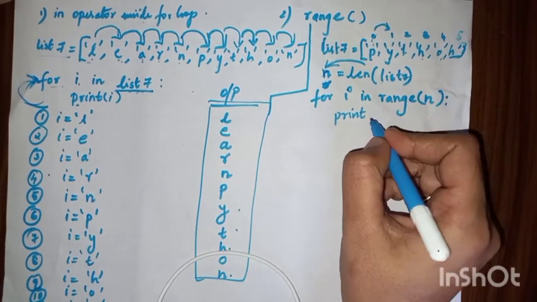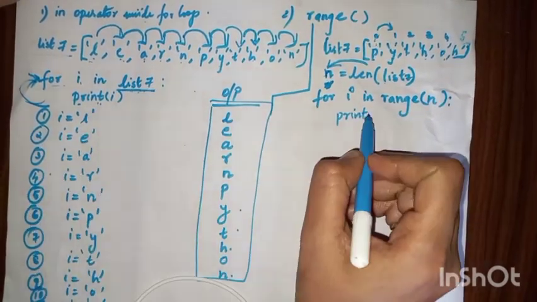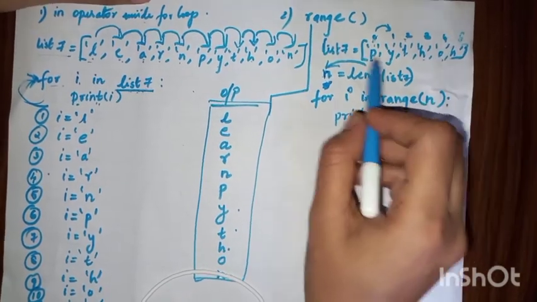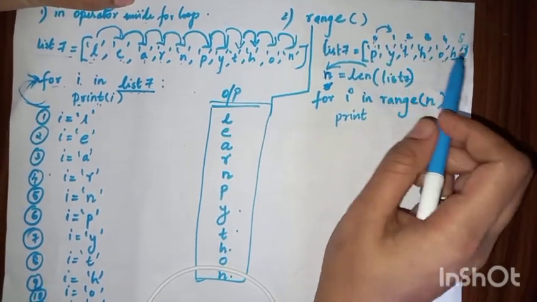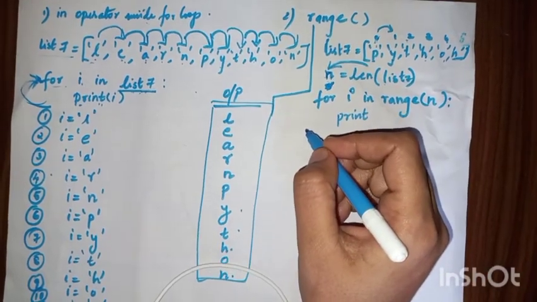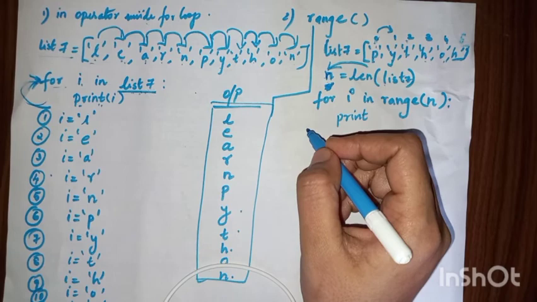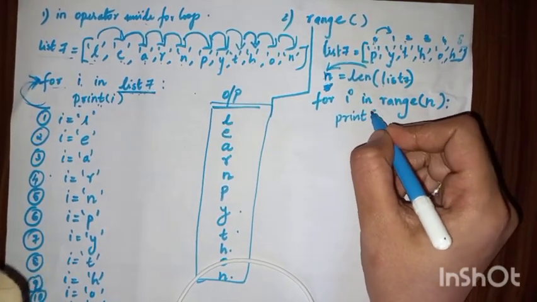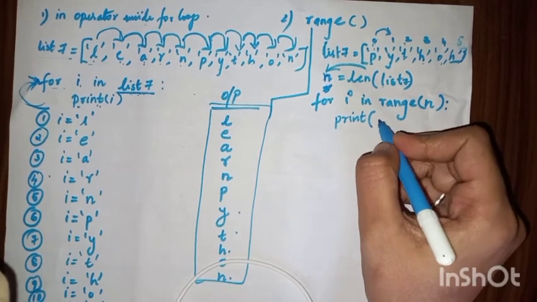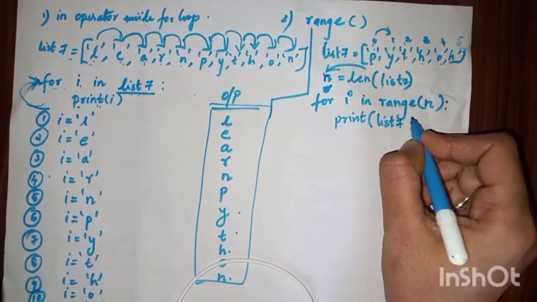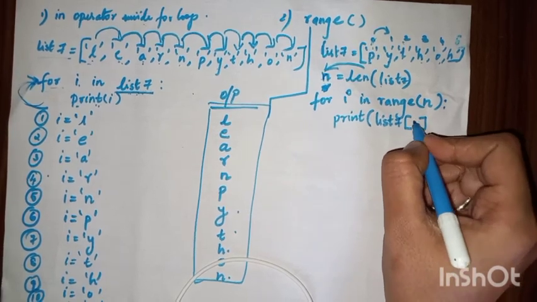If we print i like this, we will get 0, 1, 2, 3. But instead of that, we need the letters of PYTHON. So we have to access the element at that particular index. How can we access that element? For that, we write the name of the list, list 7, then in square brackets the index.